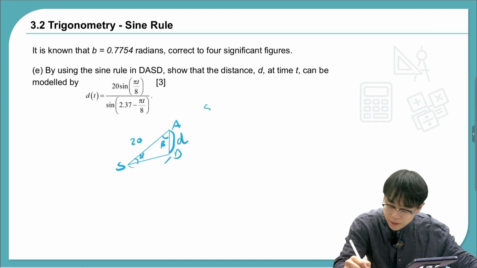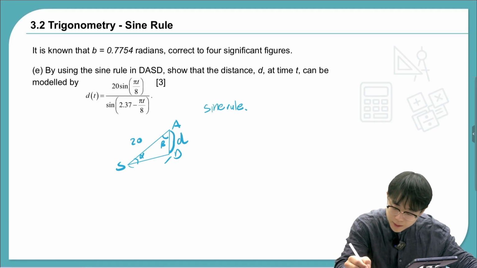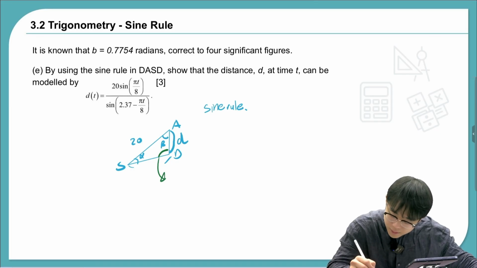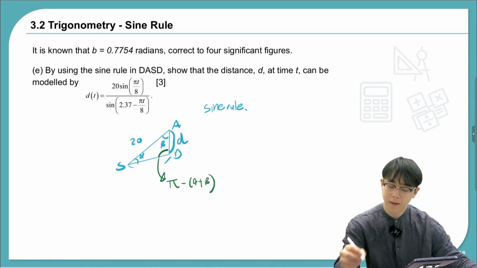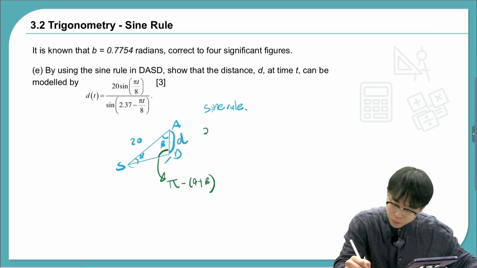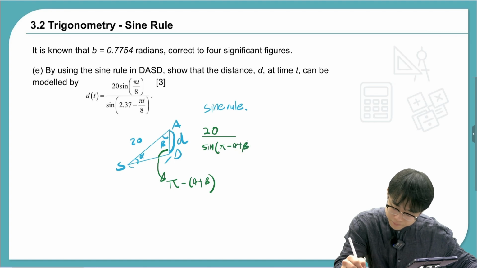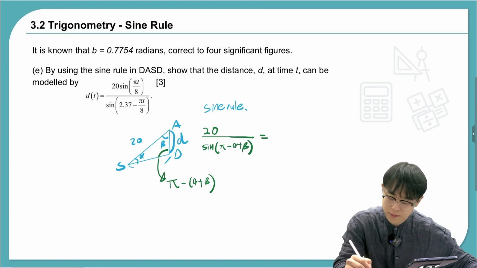So we can use a sine rule here. Note that this angle is now going to be 180 degrees, or just pi, minus alpha plus beta. So we could set up 20 over sine of pi minus alpha plus beta equals d over sine alpha.